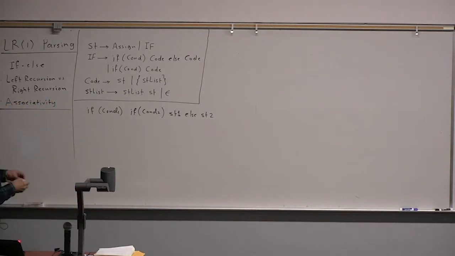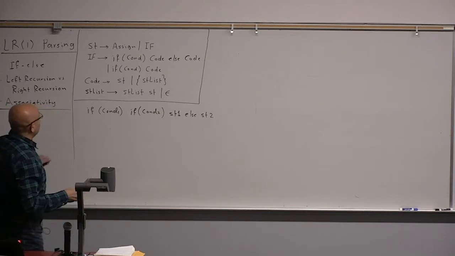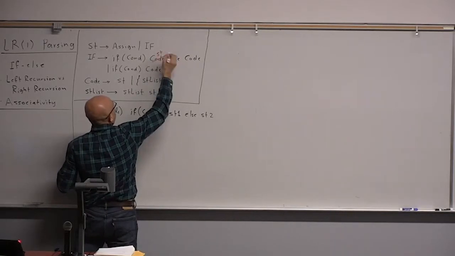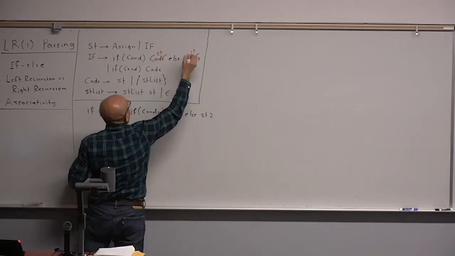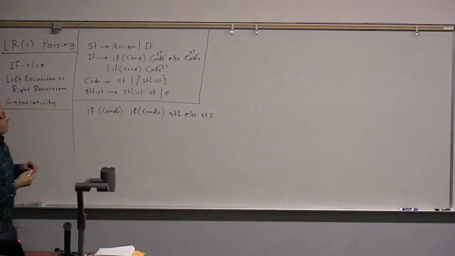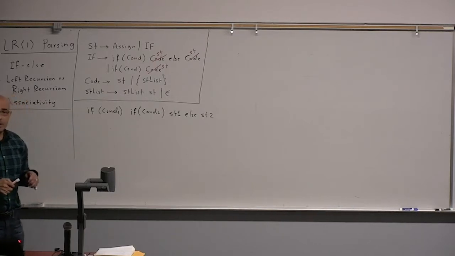Okay? Now, to simplify this, let's assume that we have a single statement, just to get to the point. So let's replace this code with statement, to simplify the example that we are about to study.